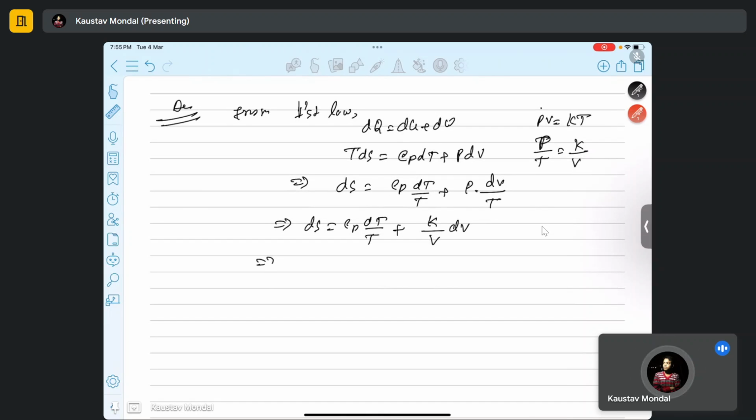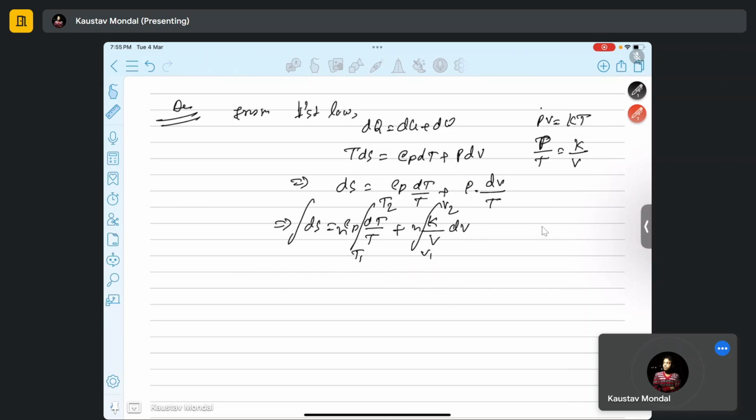Now if we do the integration on both sides, it simply gives you delta S. One thing I forgot to consider here is n, the number of moles. So n Cp ln, from T1 to T2 and V1 to V2.